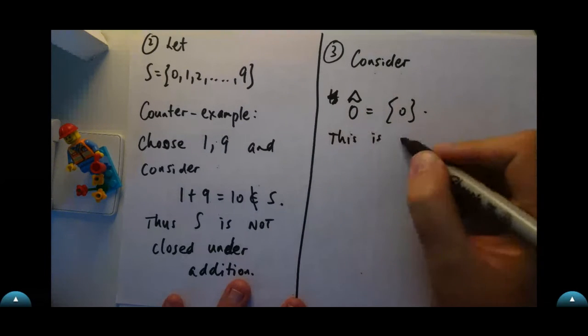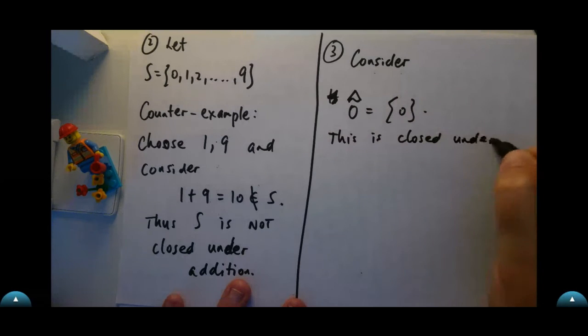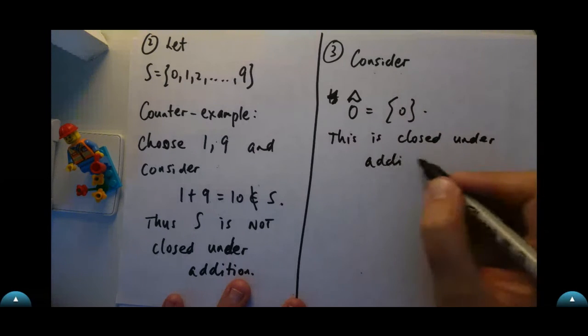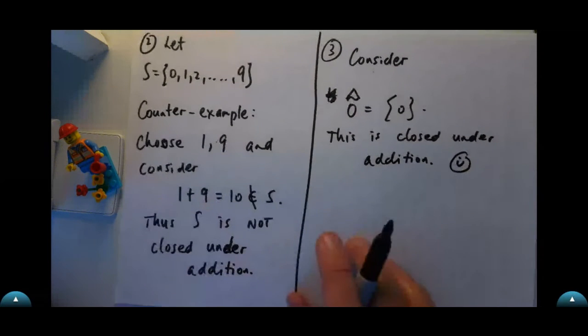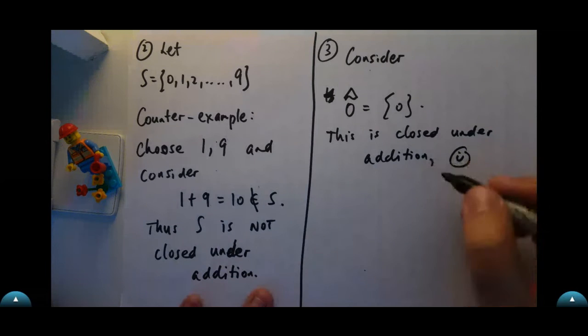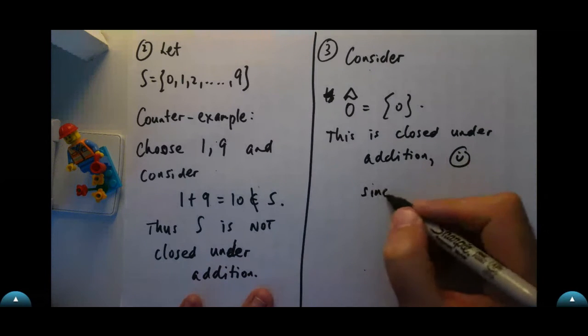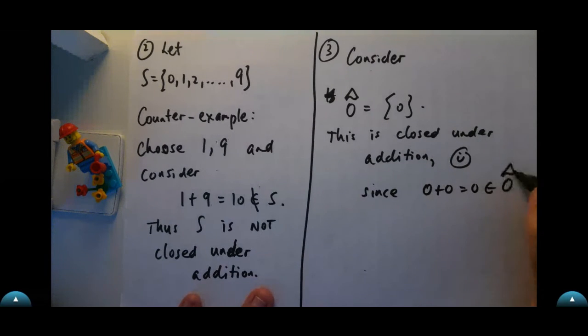This is closed under addition. So it is possible to generate a finite set of integers that is closed under addition, since 0 plus 0 equals 0, which is in the Oliver hat set.